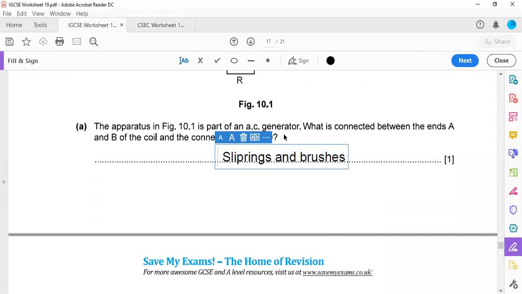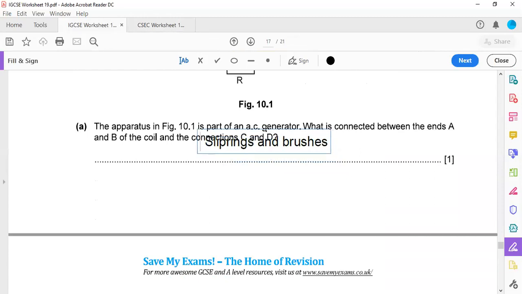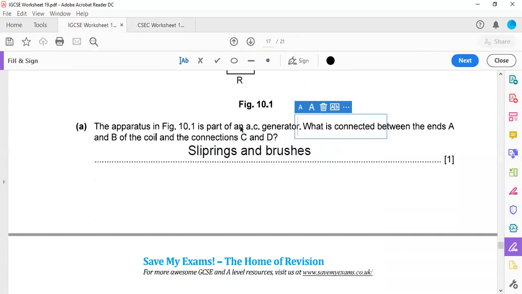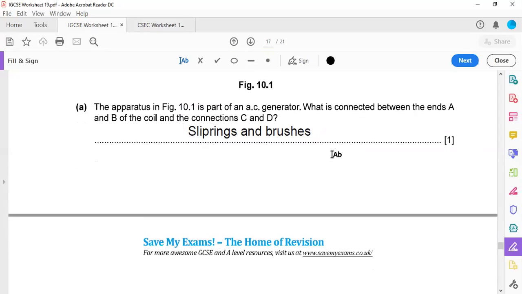Good. The brushes are the blocks that are always connected to the slip rings. Remember it's slip rings because it is an AC generator. With a DC generator, you have commutators. Once it's DC, it's commutators; AC is slip rings. Everybody okay with that so far?